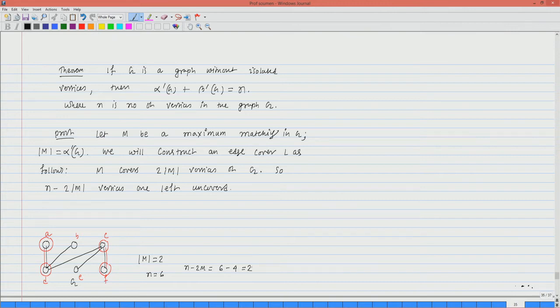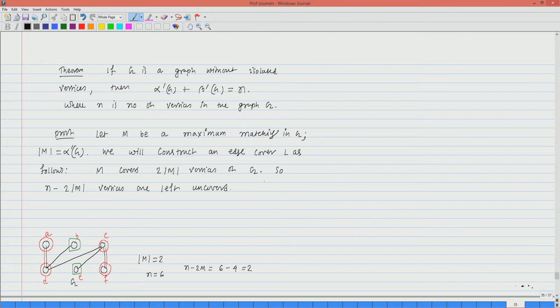The 2 vertices left uncovered are basically this vertex and this vertex. So, I have to find edges to cover them now. We will use one edge to cover one vertex.